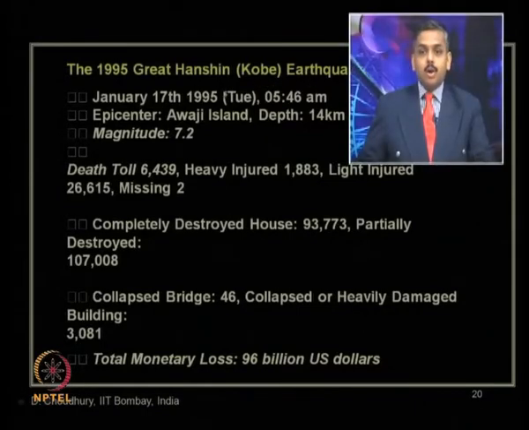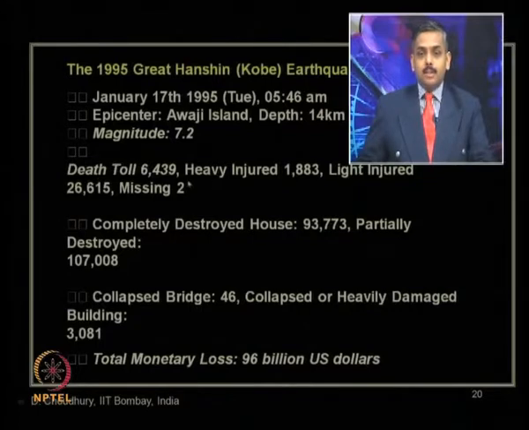The date of occurrence of this earthquake was January 17th, which was a Tuesday, of 1995 at the local time of 5:46 in the early morning AM, and the epicenter was at Awaji Island. The fault depth was 14 kilometer, the hypocentral depth from the ground surface, and the magnitude was recorded as 7.2.